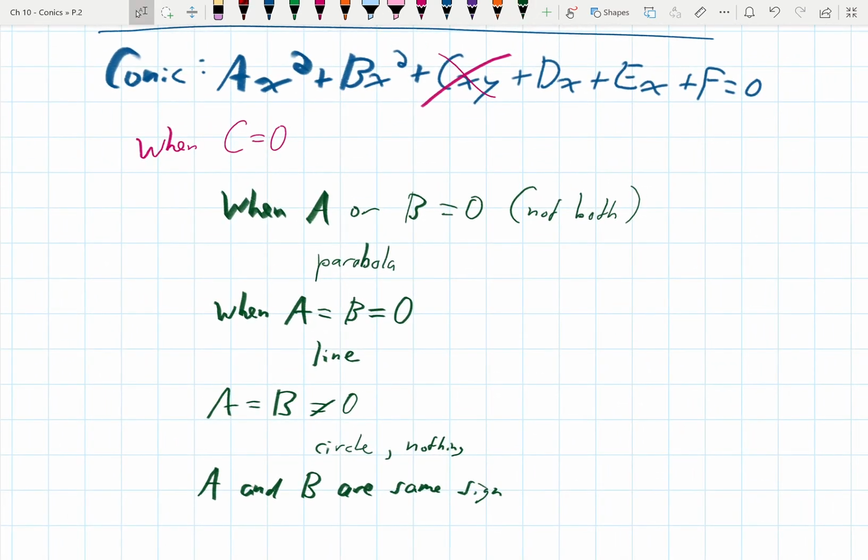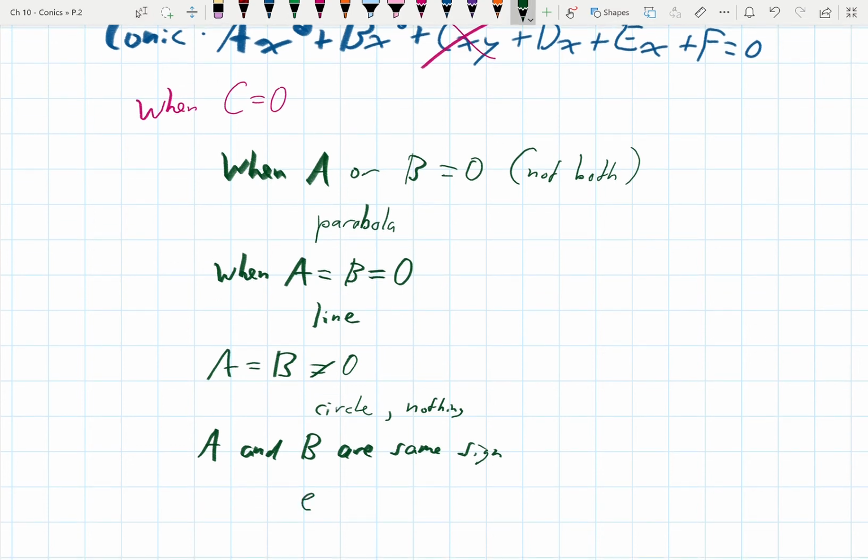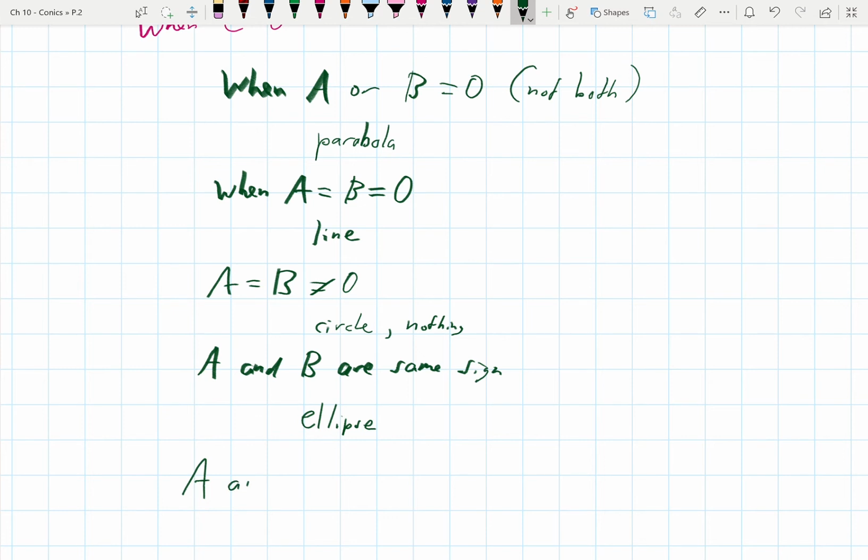That's an ellipse, of which a subset could be a circle. And finally, what's the condition necessary for a hyperbola? Yeah, A and B are opposite sign.